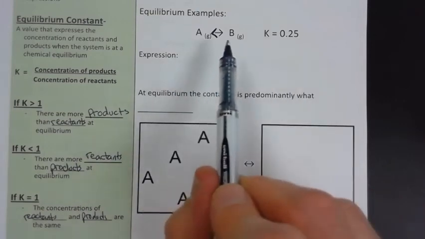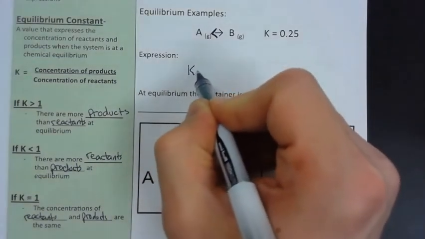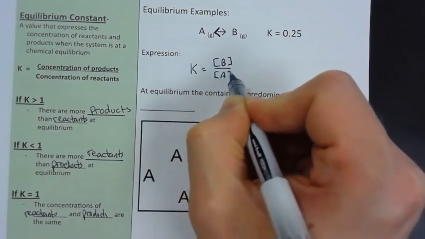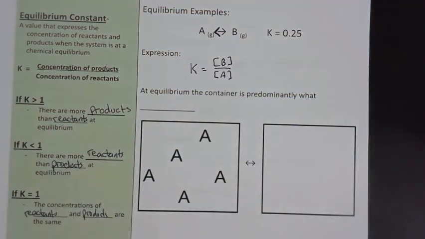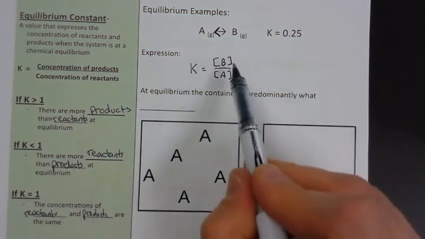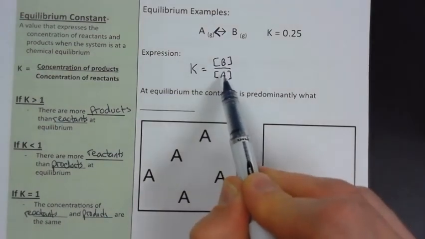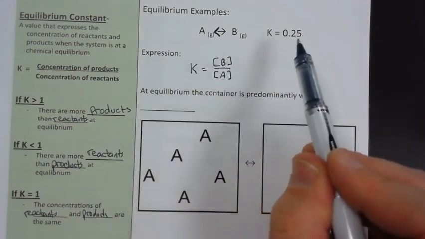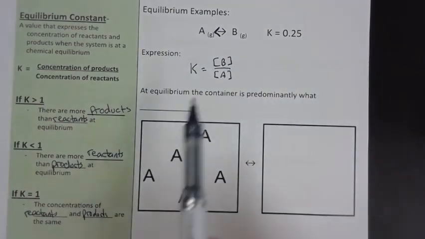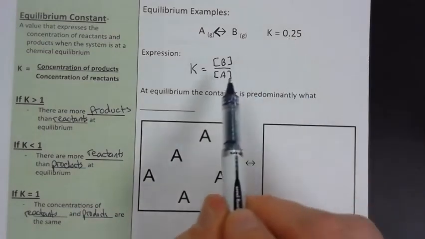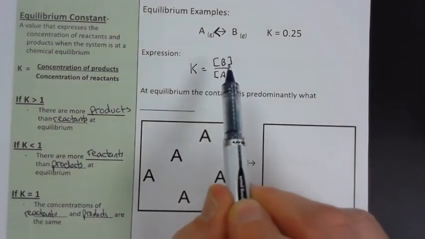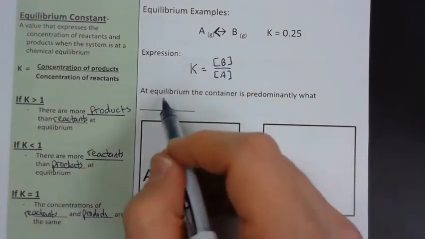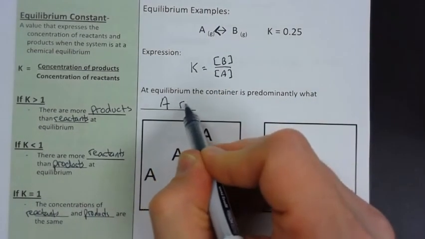Well, the equilibrium expression as products over reactants is the concentration of B over the concentration of A. So once equilibrium is maintained, whatever my number of B's are and my number of A's are, regardless of how many I have in the system, always has to be at a ratio of 0.25. Okay, so if K is less than 1, that means A has to be a really large value and B has to be a really small value. So at equilibrium, the container is predominantly A's or reactants.